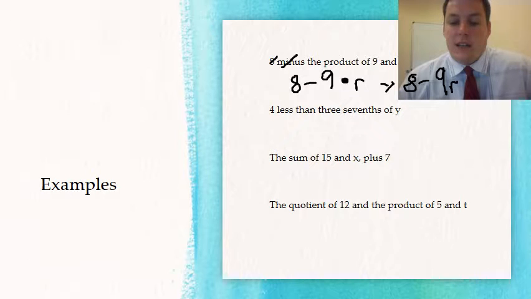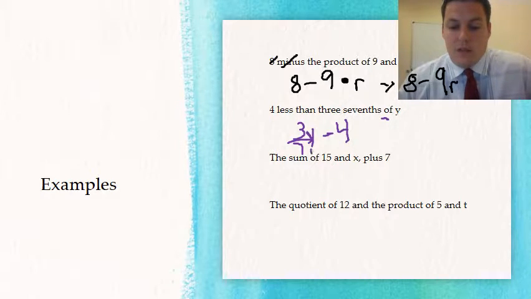For 4 less than 3/7 of y, remember when we see less than, the minus goes before the number. Anytime we see that th, we know it's a fraction of y. If we see of, we think multiplication.